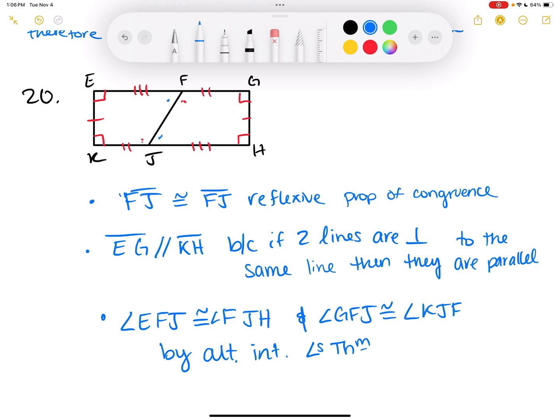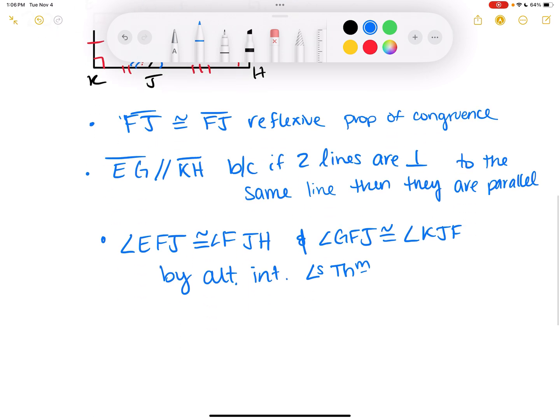So now I know that all this different stuff is congruent. If I want, I could come over here and put my little symbol things here so that I can see it. So ultimately now what do I know? Obviously there aren't triangles, but what's true about this and then this one? They're congruent.